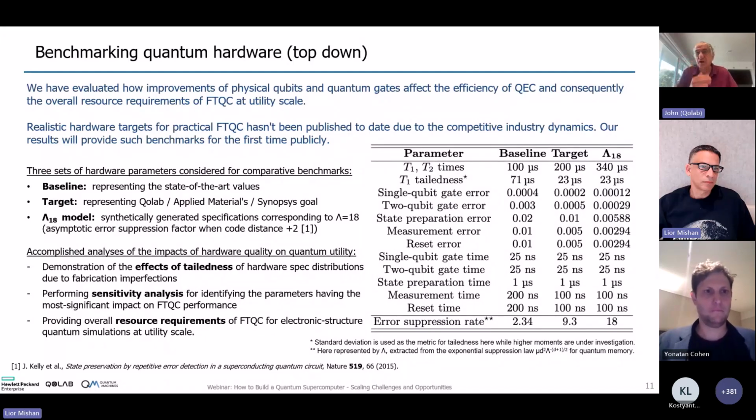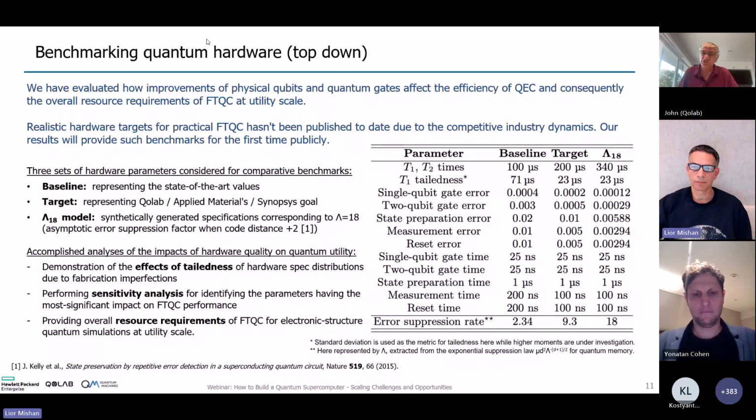So we have a bunch of criteria, but first of all, there's a baseline, which is where we are right now. I think the latest Google experiment is a good example that roughly corresponds to that. Then we have target parameters, which is what you're going to need to build a quantum computer that can be useful. And then lambda 18, which is about a factor of 2 better than that, is what we really think you're going to want in the long run.